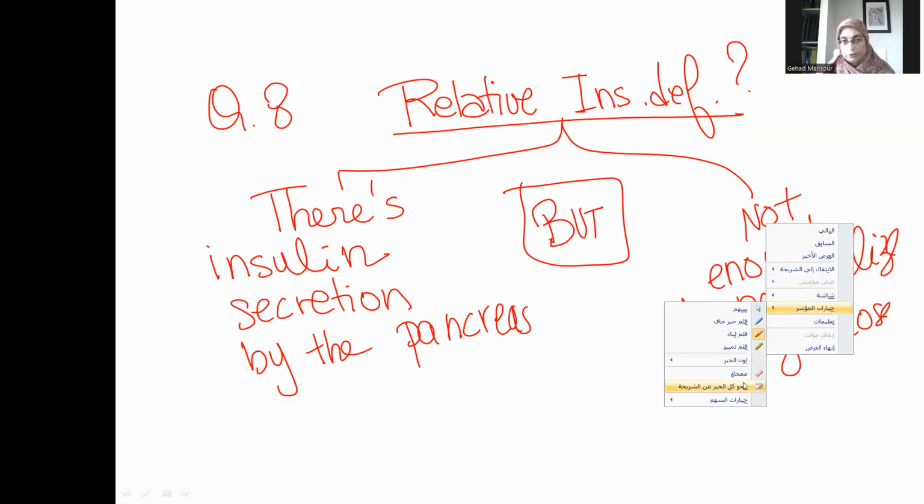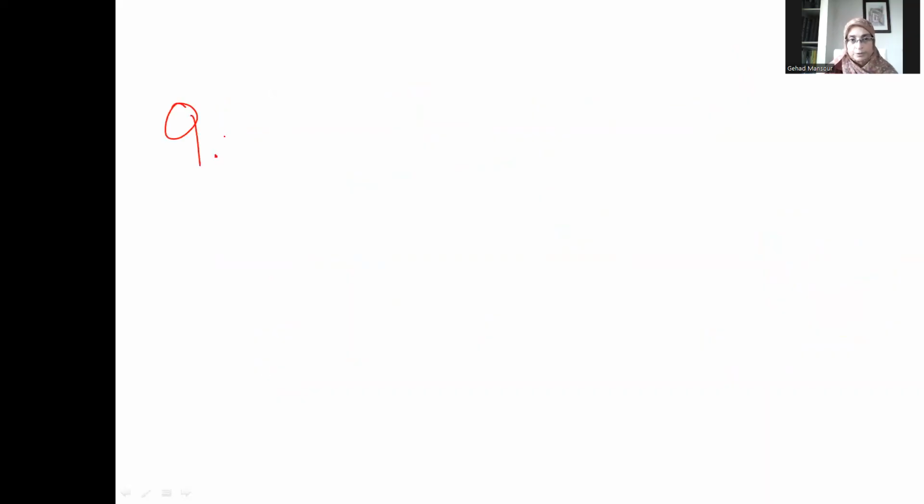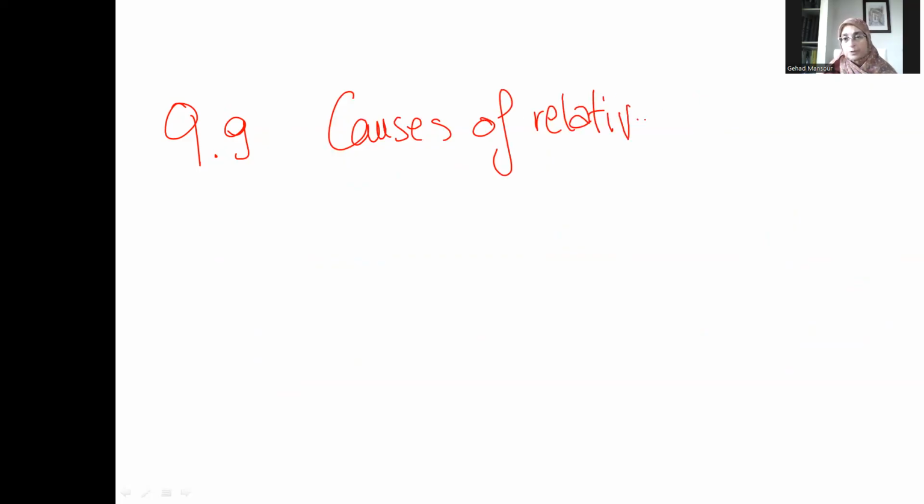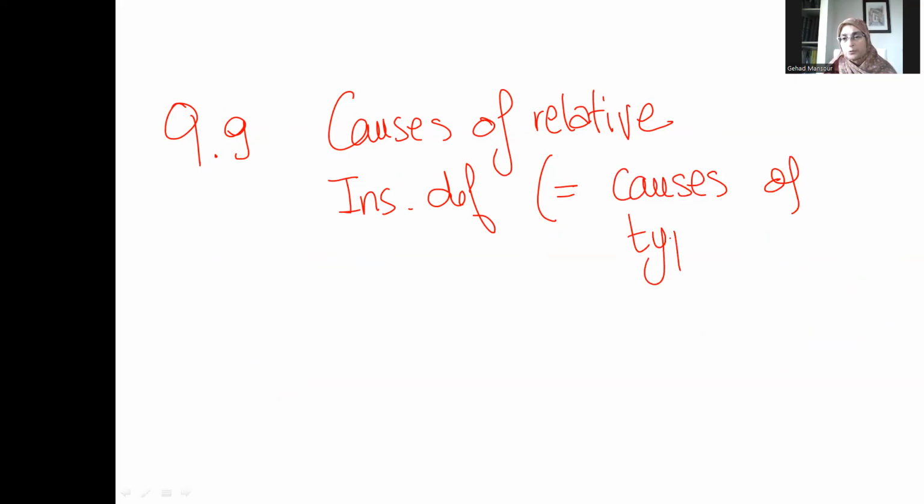So the next question would be question number 9, causes of relative insulin deficiency and therefore of type 2 diabetes mellitus. So if I ask about causes of relative insulin deficiency, I'm actually asking about the causes of type 2 diabetes mellitus.